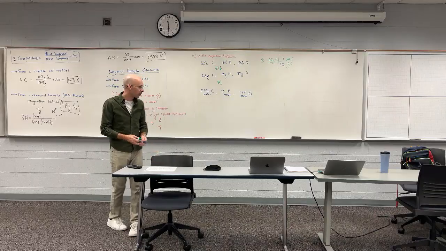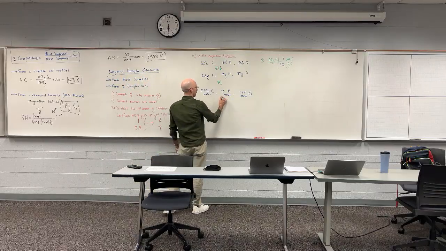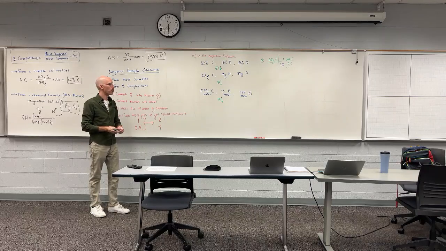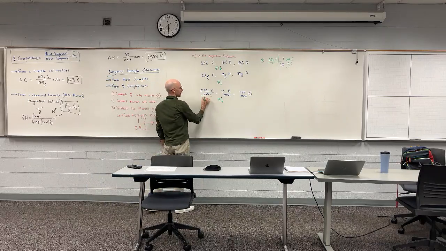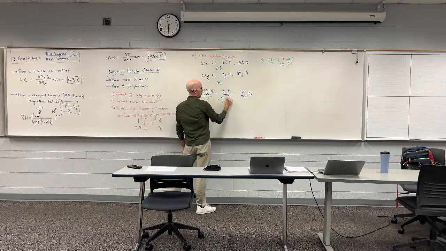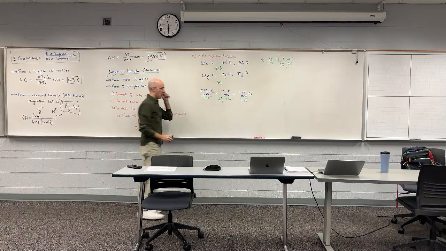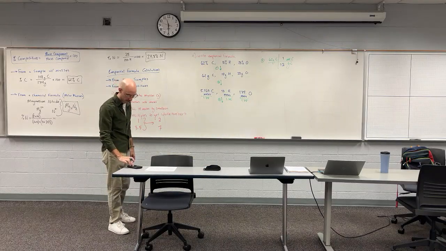Now I divide by what? I'm going to divide everything by 1.75. So if you want to see that written out, I'm dividing each of these numbers by 1.75.